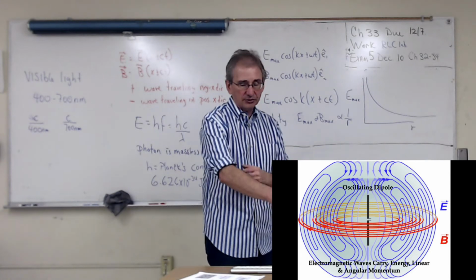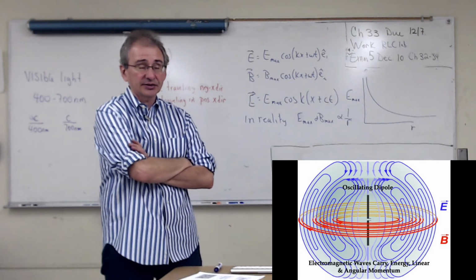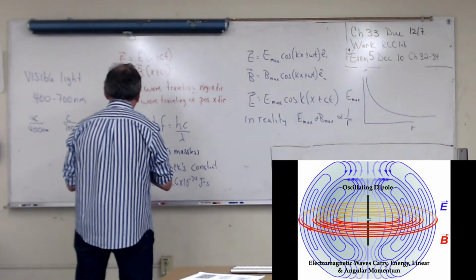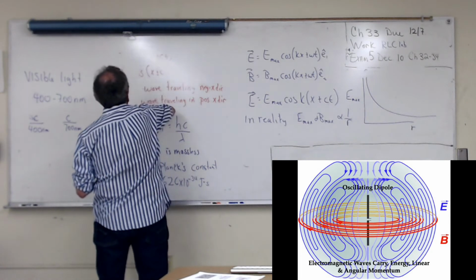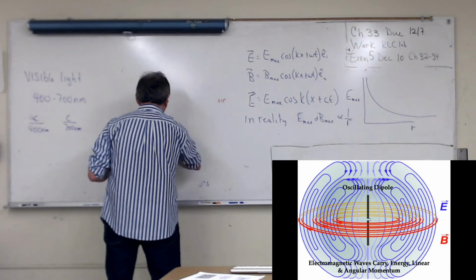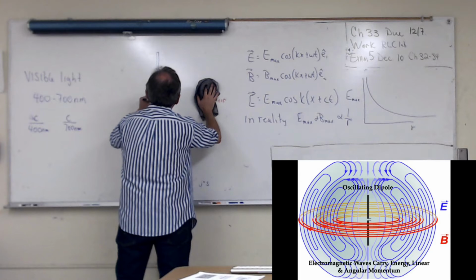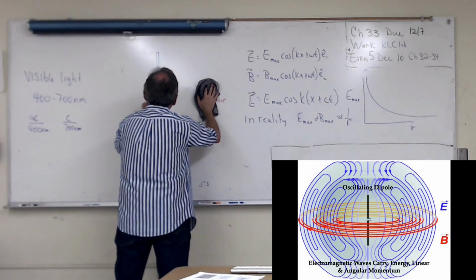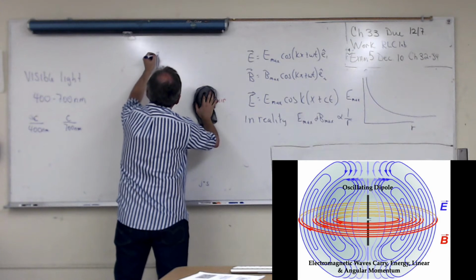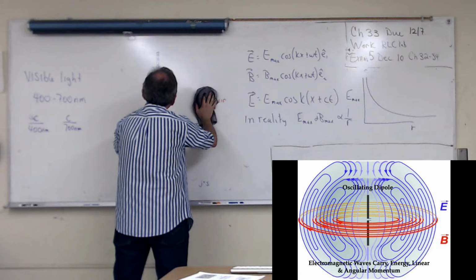So, how do we produce electromagnetic waves from oscillations? Imagine you have a wire, two wires, such that we'll start with this being positively charged and this negatively charged.